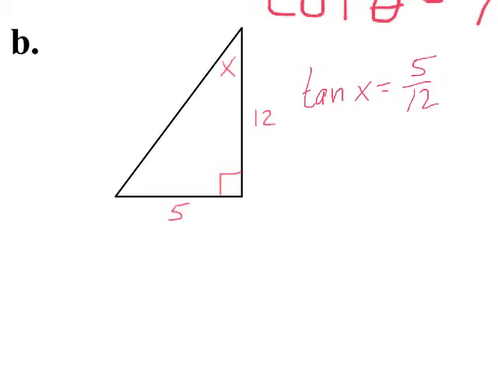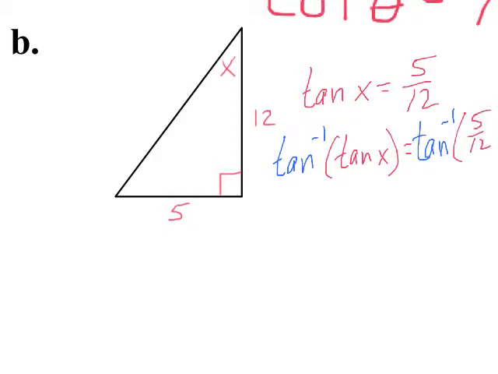I'll write it down here: I'm going to take the inverse tangent of this side, and the inverse tangent of that side. When you do that, these essentially cancel one another out, and we end up getting X. And on the right side, I get this.